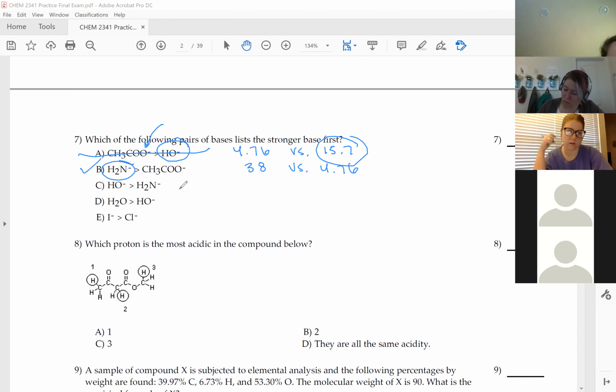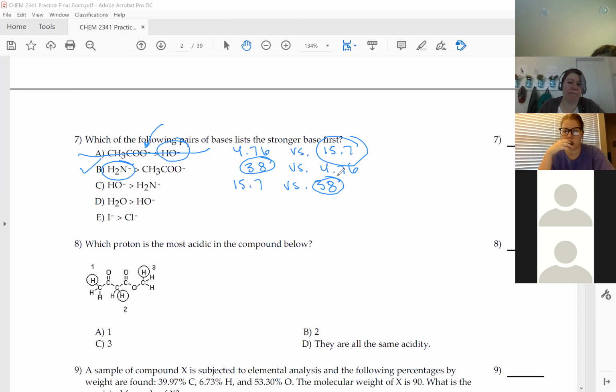But we can look at these other ones as well. This repeats a bunch of the pKas we've already looked at. So we would have 15.7, because the conjugate acid would be water, versus 38. So that one's not going to work out. What's the conjugate acid of H2O? Hydronium.